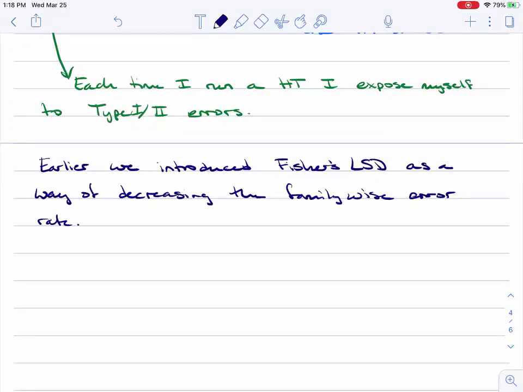So we calculated the least significant difference, and then we compared all our differences that we were interested in with that length, and if it was longer than that length, then we said that it was significant.